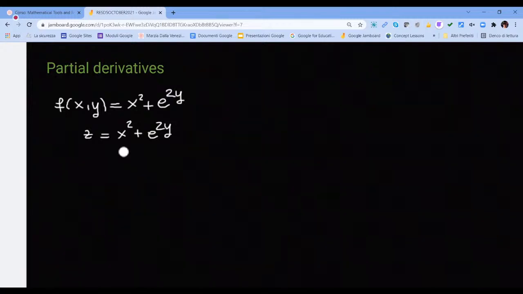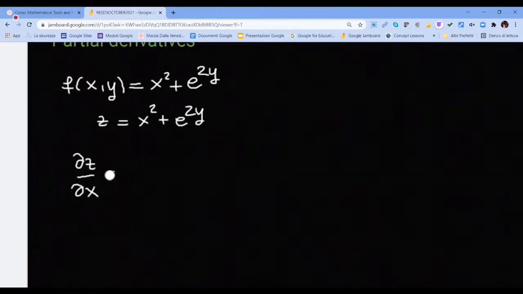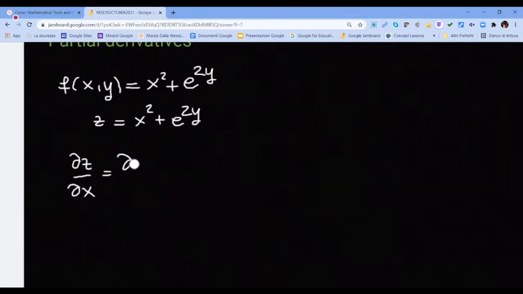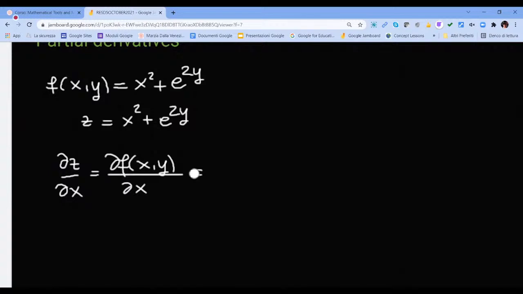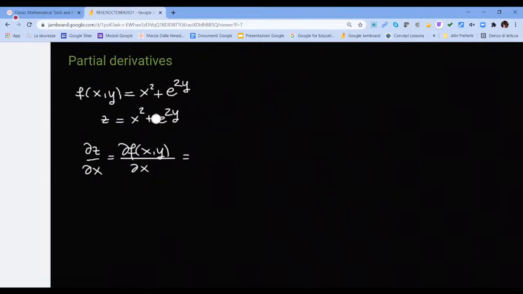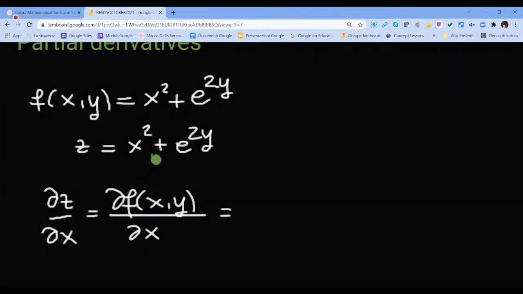For instance, you can write dz over dx, or you can write the derivative of f of x and y with respect to the variable x, and that means that it is the derivative with respect to x of the whole function, but everywhere there is this variable we should differentiate.